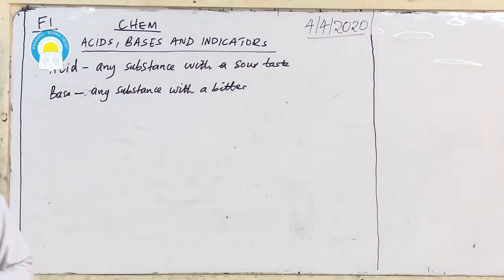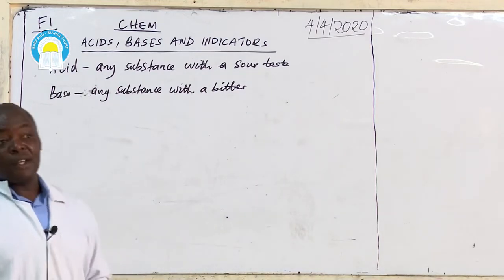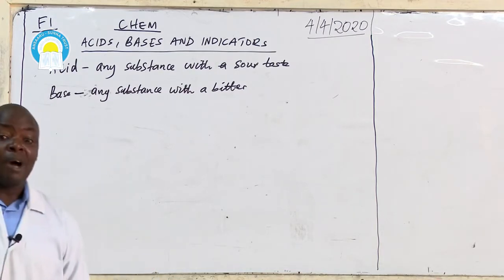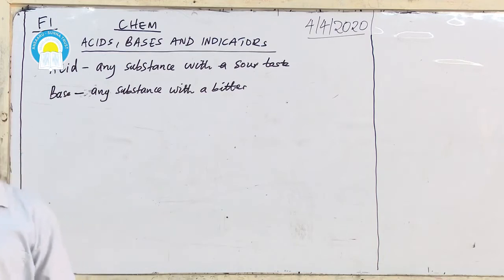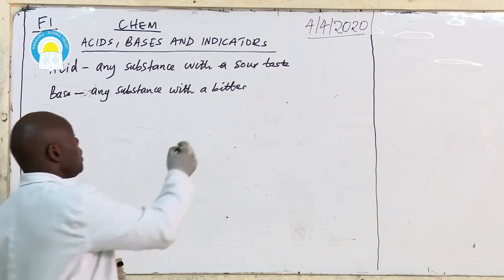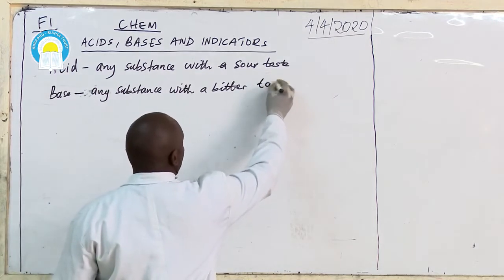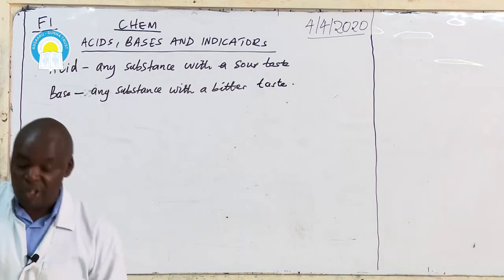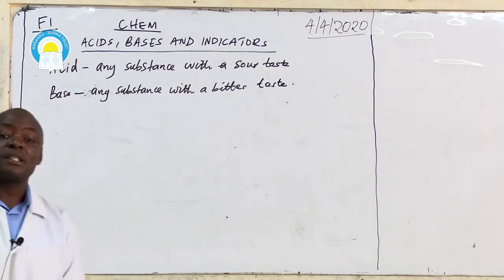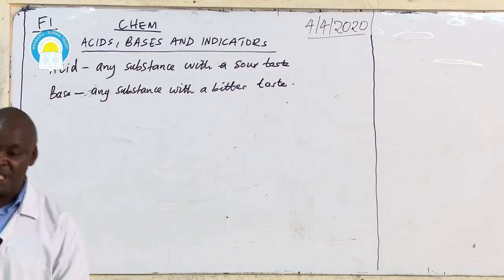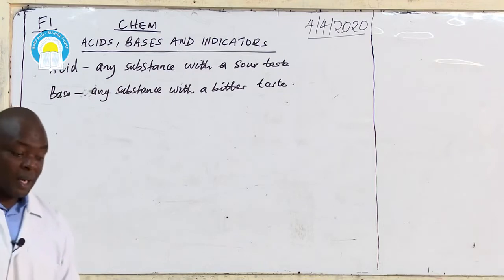But many substances exist in nature, and some of them are edible, others are inedible. So we cannot use taste as a means of classifying acids and bases. Taste is not an accurate method because some of the substances are poisonous, and some are even corrosive.